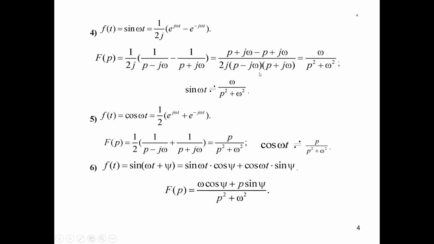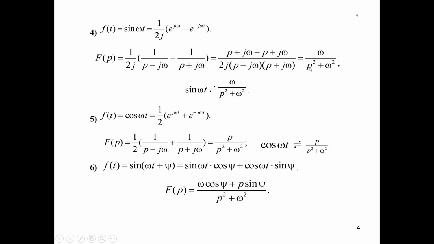And here we have the product of something like a minus b multiplied by a plus b. It may be written as the first item power 2 minus the second item power 2. J omega in the second degree equals minus omega power 2, and minus gives plus.